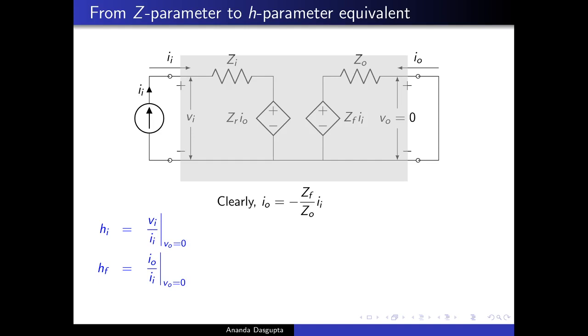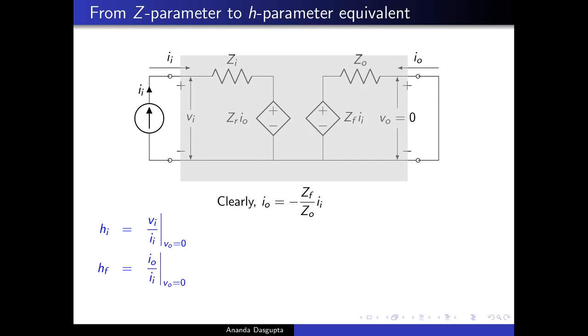So the only thing you have to be careful about in these calculations essentially is the sign. Io is not ZF Ii, the voltage, divided by ZO, the impedance. It is minus that. The minus sign comes from the direction. So that's pretty straightforward.